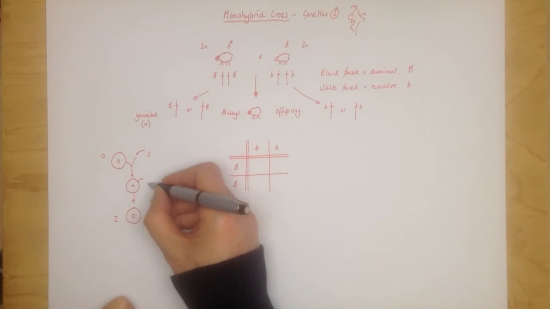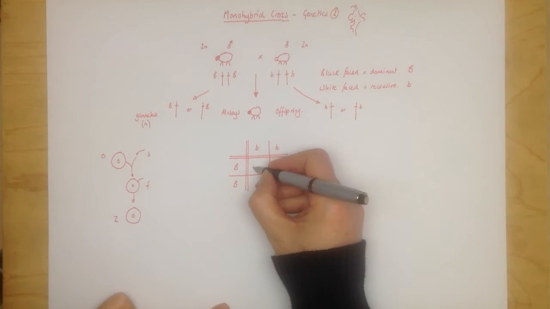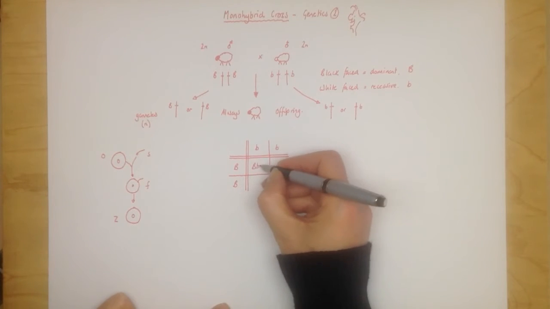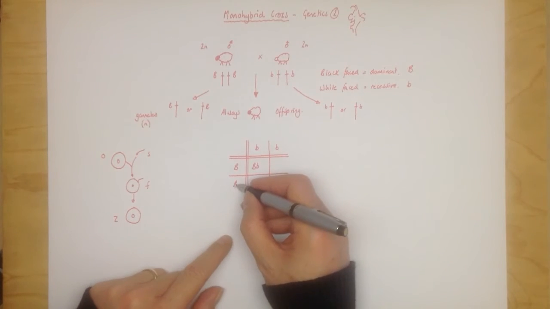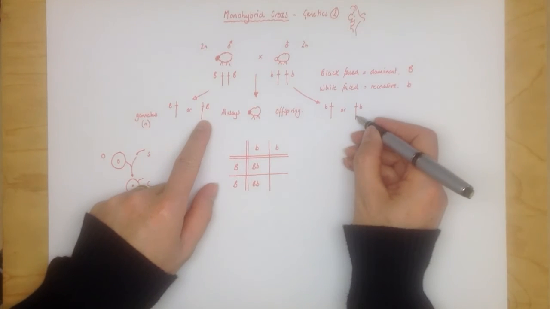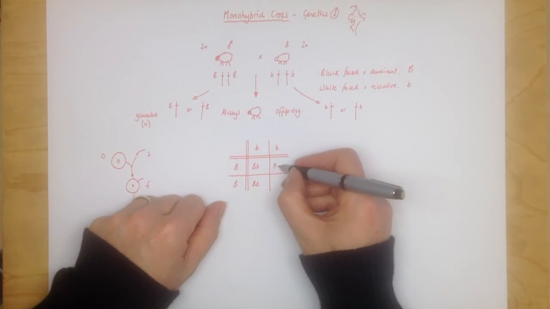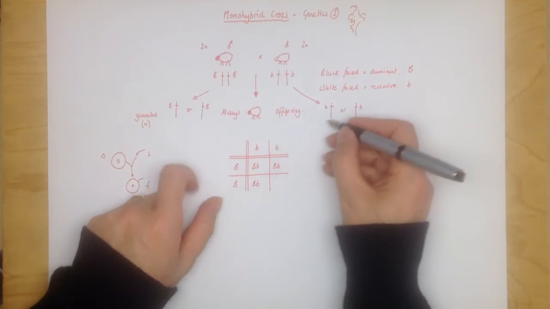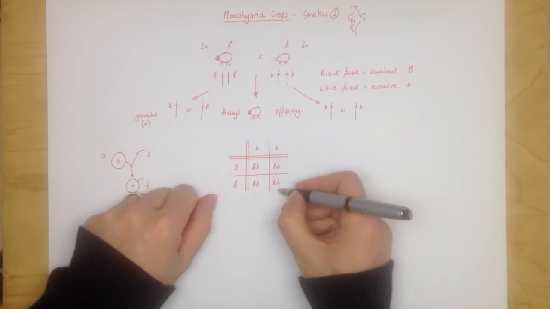Ovum, sperm, fertilisation, zygote. So if that sperm joins with that egg, it'll have that combination of genes. If this sperm joins with that egg, that combination, this sperm joins with that egg, that combination.